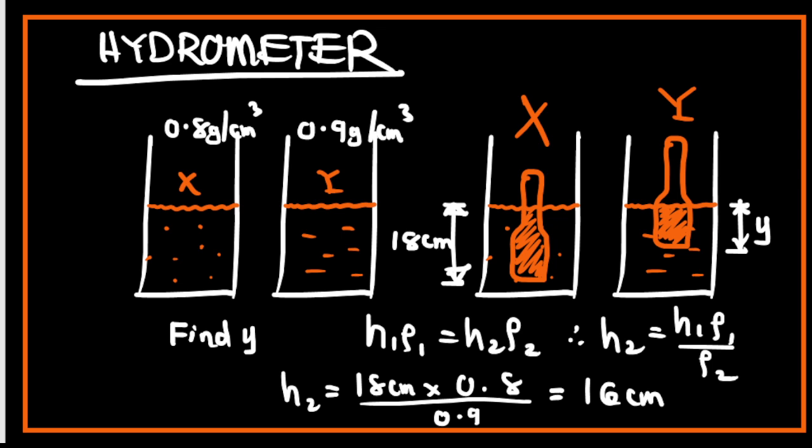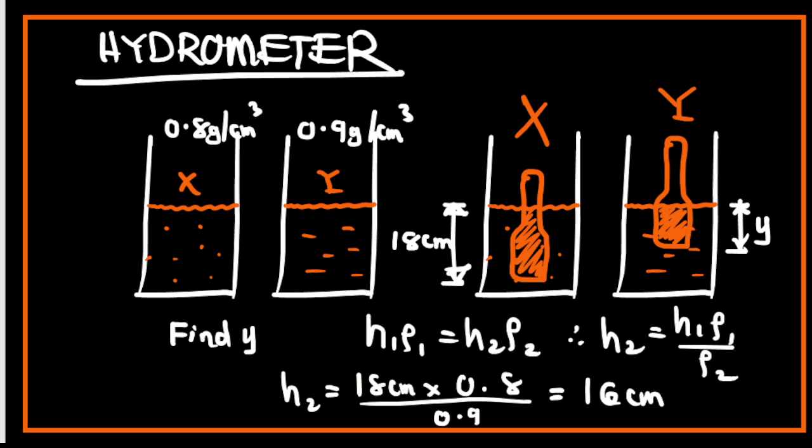So this is an example to pass the message across better. From what you can see here, we have two densities, one with 0.8 gram per cm cube and the other with 0.9 gram per cm cube. We did a simple calculation using H1 rho 1 equals H2 rho 2, this formula here.